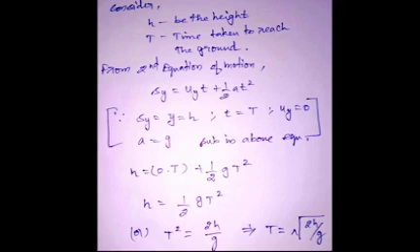Replacing s of y with h, small t with capital T, u of y equal to 0 and a equal to g, we get h equal to 0 into t plus half gt square. Since anything into 0 is 0, h equal to half g t square. Rearranging the formula, we get t square equal to 2h by g, or t equal to square root of 2h by g.